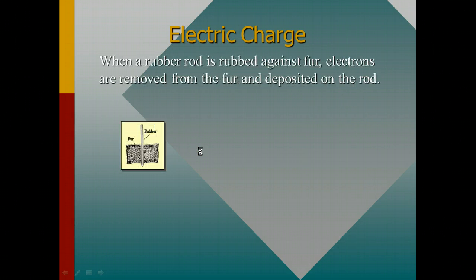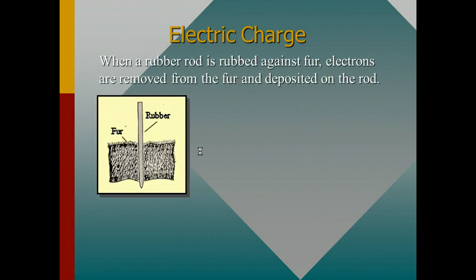So if we talk about electric charge, if we were to take a fur, and this could be a synthetic fur, real fur, it used to be all real fur, and rub it against a rod made of rubber, because the rubber is typically not going to lose its electrons very easily, because rubber is an insulator, that's a word that we talked about last time, the fur will in fact give up its electrons as a result of this back and forth motion, and the fur will deposit electrons on the rod.